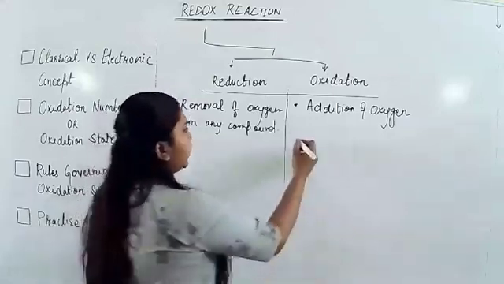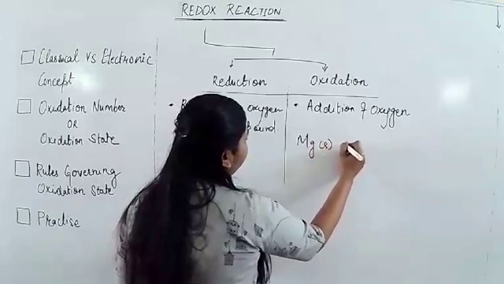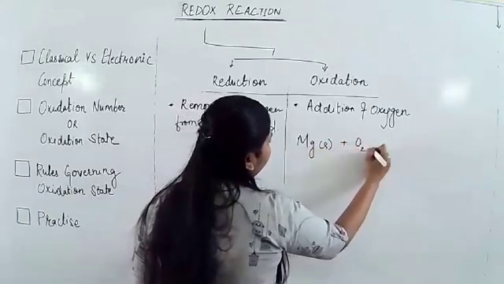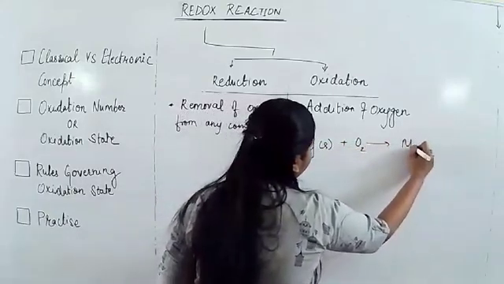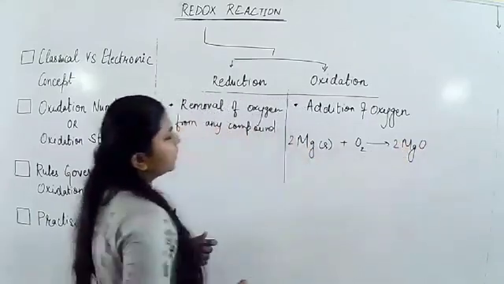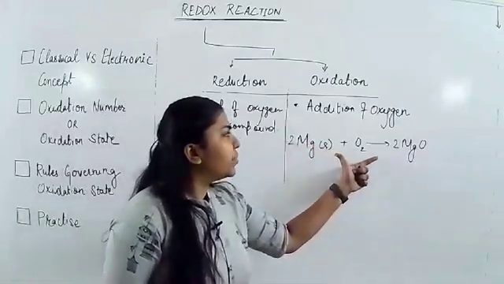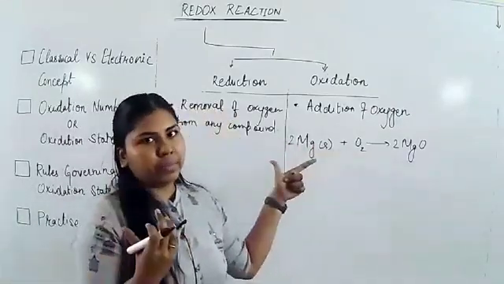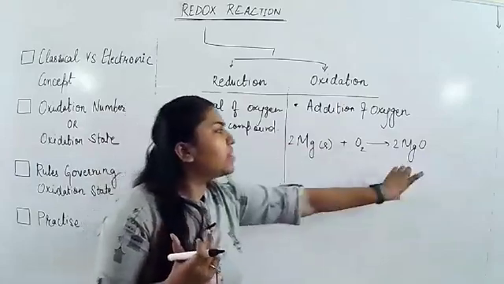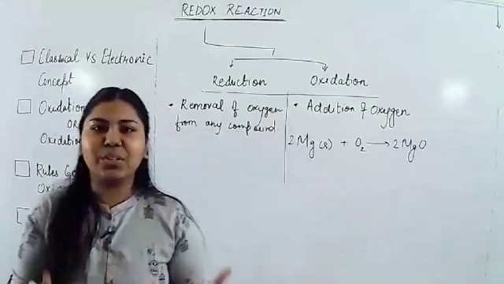So let's write that. It is in solid form. So here you are getting MgO. I'll balance it. Yeah, I think it is balanced. Here the oxygen atom is getting added to the magnesium atom, so we are saying that magnesium is getting oxidized. Isn't it easy? You already know that.